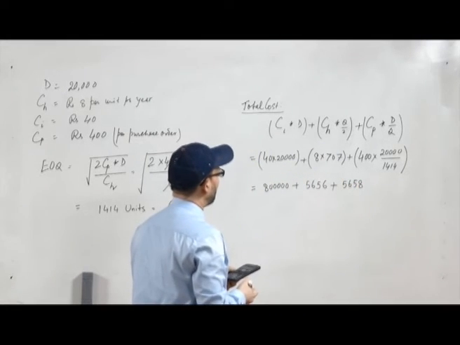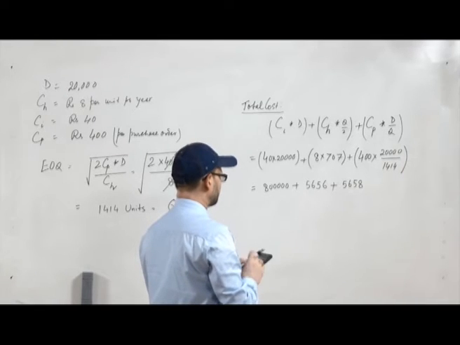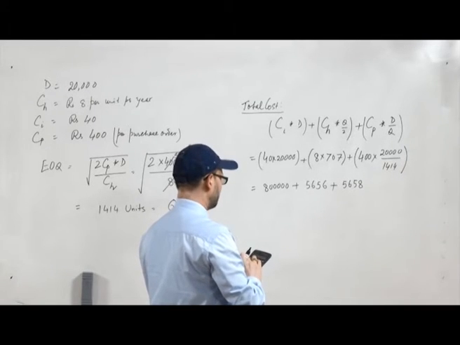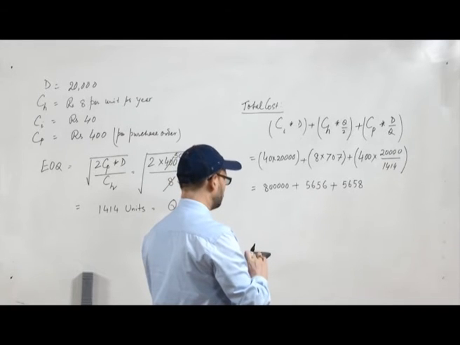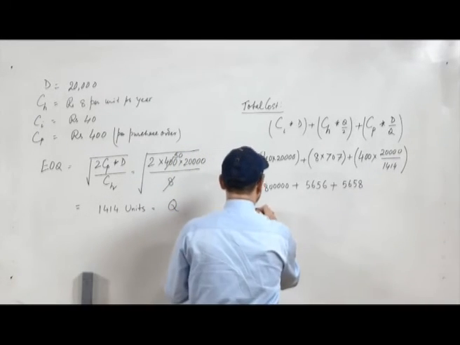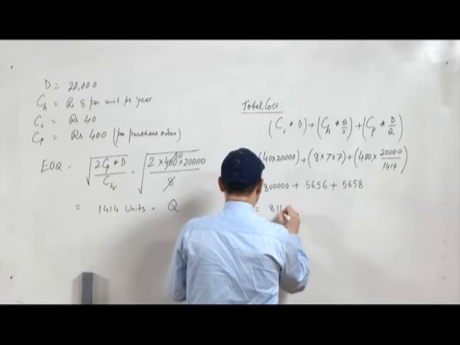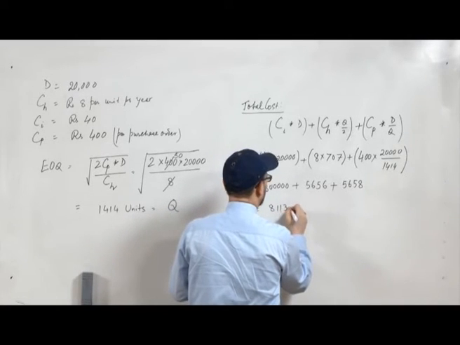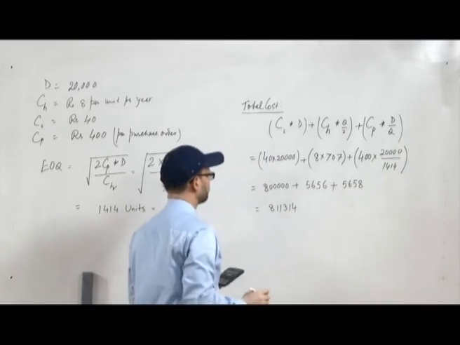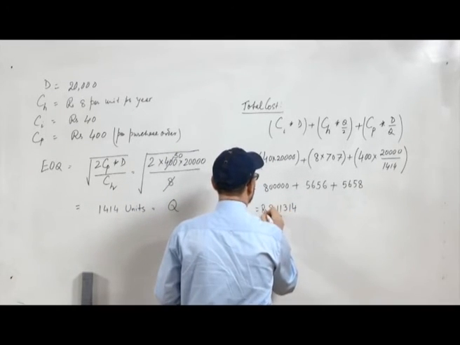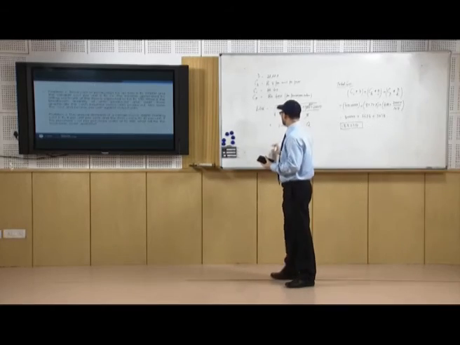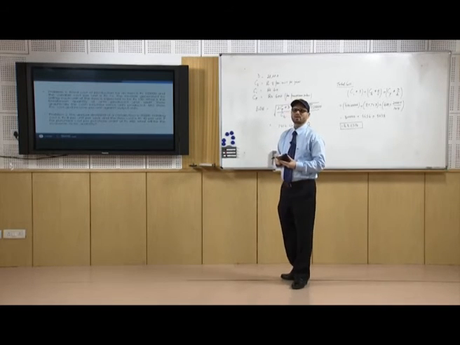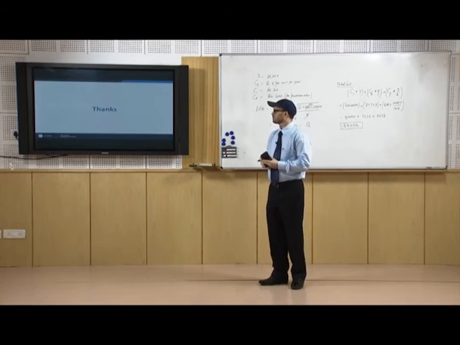So 5658 plus 5656 plus 800,000 equals 811,314. So, this is the minimum total cost corresponding to this economic order quantity. Thank you.